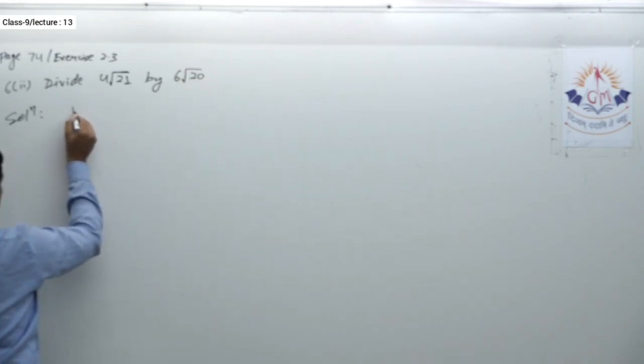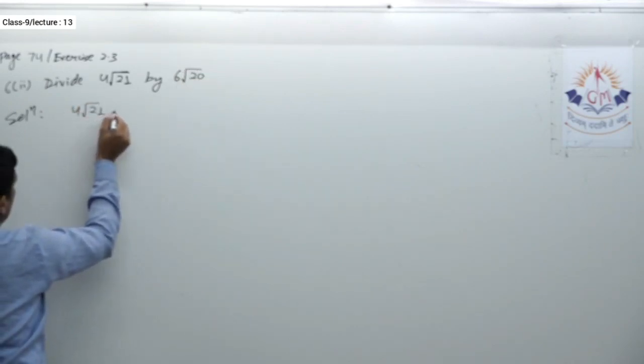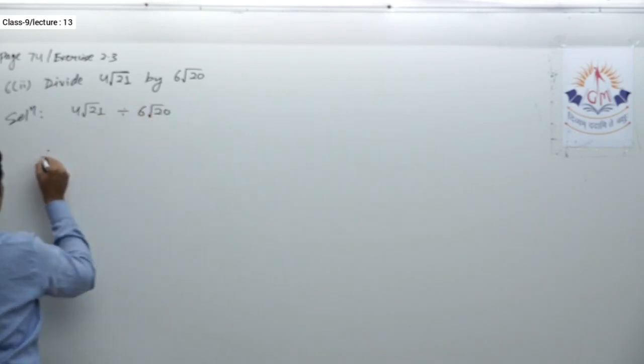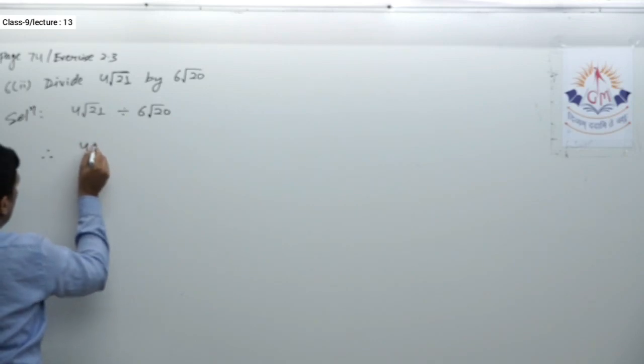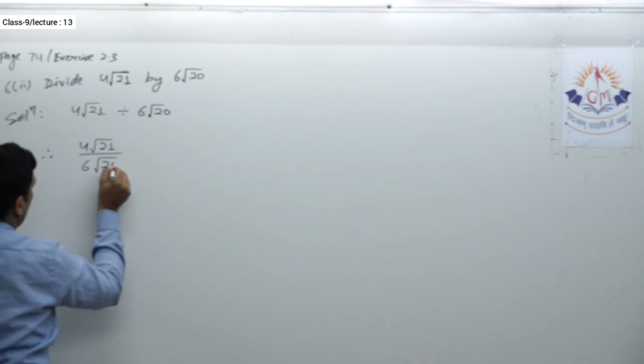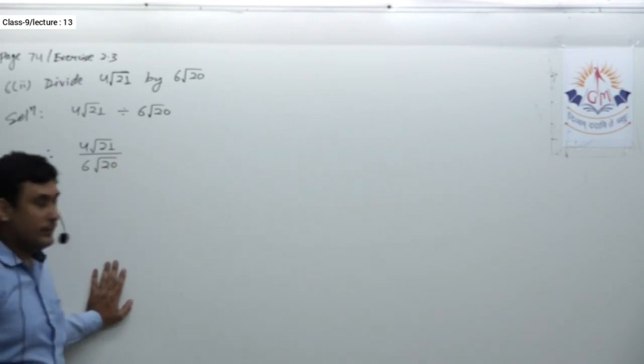So let us see, this is 4 root 21 divided by 6 root 20, that we have to do.